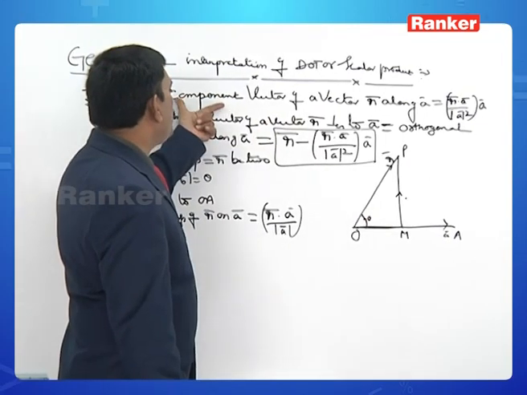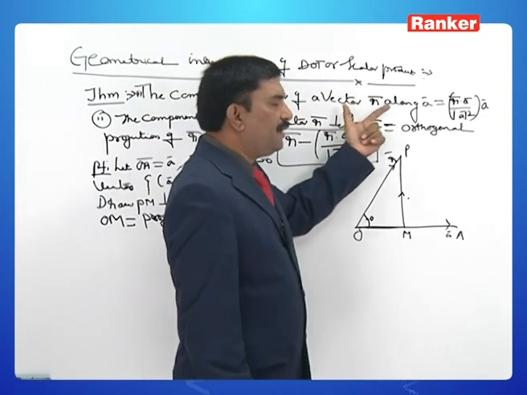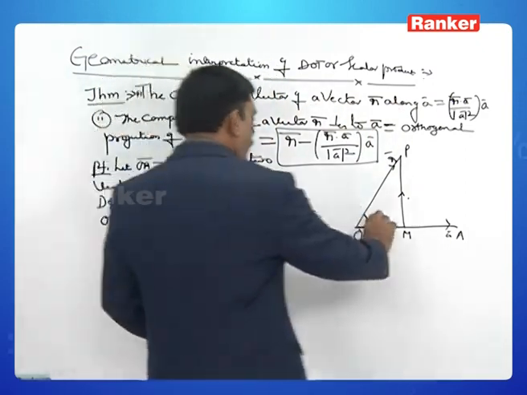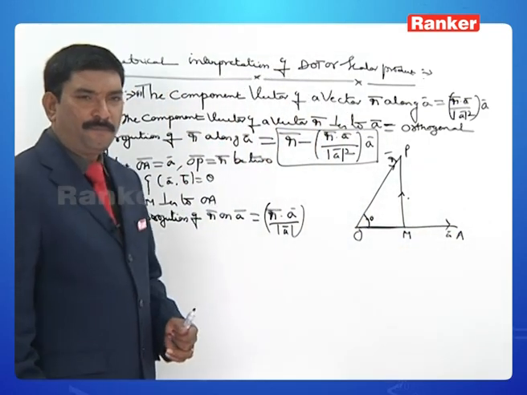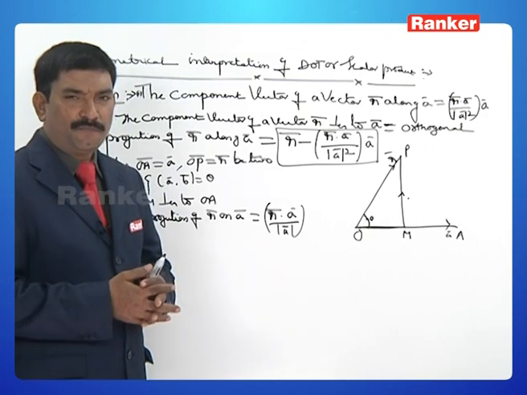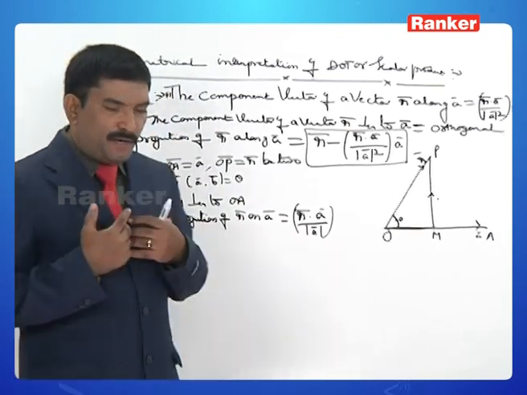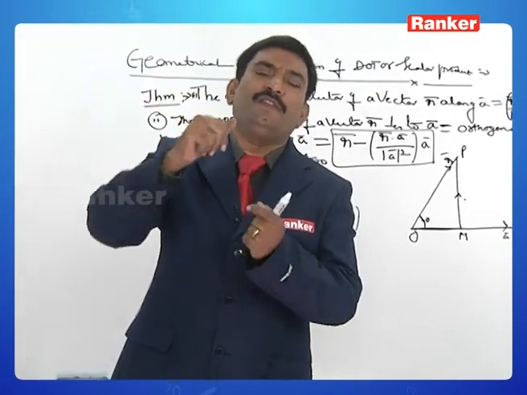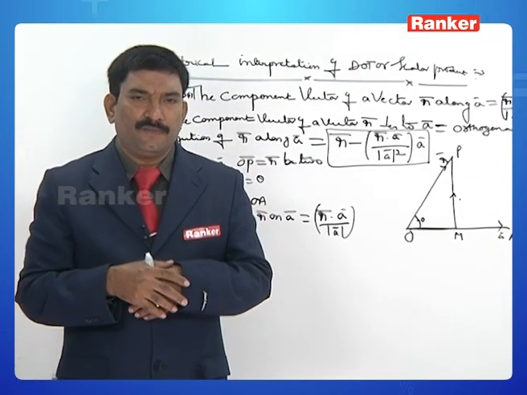I want the component vector of a vector R bar along A bar. This is the vector along A bar, which means this OM you have to convert into a vector which is collinear with A bar. Followed?